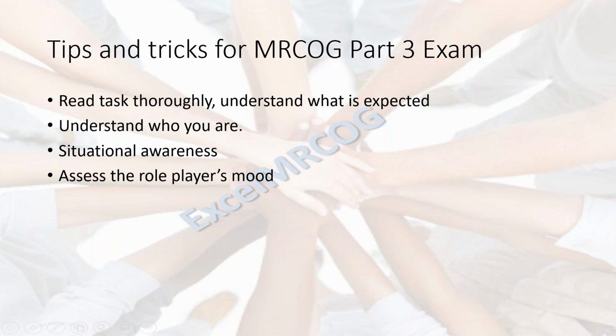Okay, so how would you assess this? You would assess this if you have read the station thoroughly and properly. All right, so that's important. Then identify clues in the task. This is very, very, very important, particularly in labor ward prioritization stations, which a lot of candidates miss, which is why you do not realize that there is something hidden or some extra information that the task would offer you.